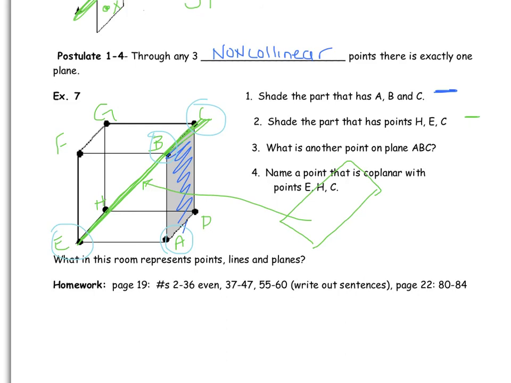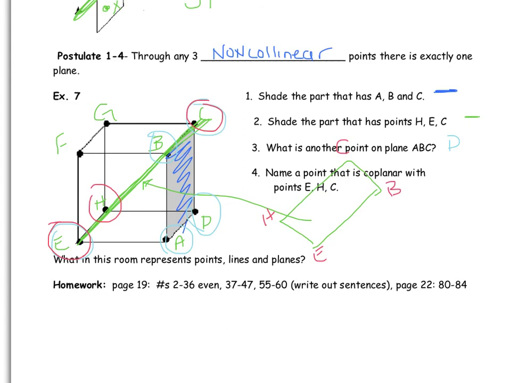So the other corner is D. And name a point that is coplanar with points E, H, and C. So here's E, here's H, and here's C. Well, B is the only one that touches that plane. So this would be E, H, C, and this is B right here. So B is the answer.